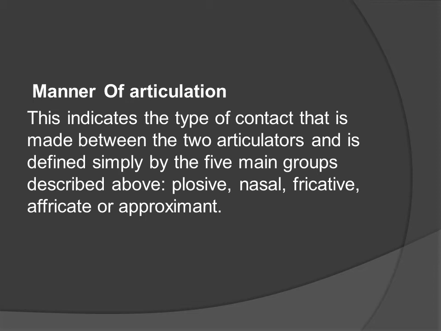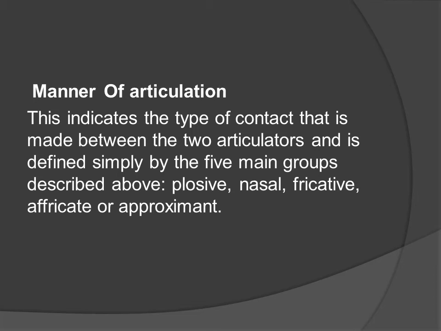But manner of articulation indicates the type of contact that is made between the two articulators and is defined simply by the five main groups described above, اللي هي plosive, nasal, fricative, affricate or approximant.